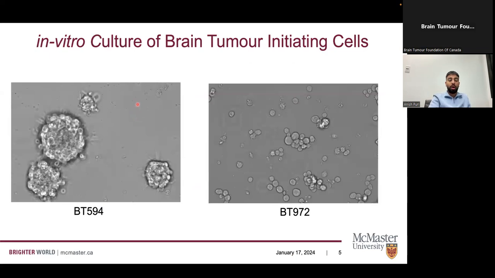And so our lab focuses specifically on culturing these brain tumor initiating cells. So we will get patient tissue from the hospital in collaboration with the neurosurgeons and neuropathologists there. And we will culture these using stem-like conditions to try to select for these stem-like populations of cells.